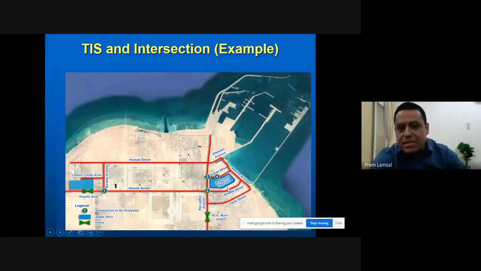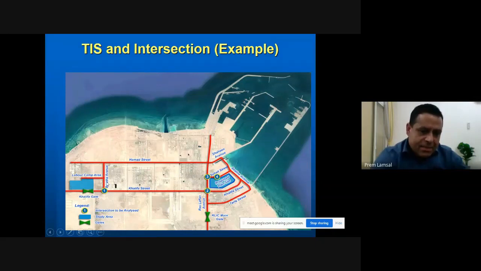Can you see my mouse here? This is the proposed site plan. And they're planning to have a petrochemical plant here. This blue hatch is around a 10 square kilometer area. And you can see on the left hand side, there is a labor camp area. To build this plant, they were planning to accommodate around 15,000 laborers here.